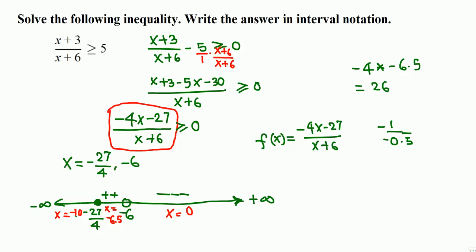Now plug in x equals negative 10. Negative 4 times negative 10 is positive 40, 40 minus 27 is 13, over negative 10 plus 6, that's negative 4.